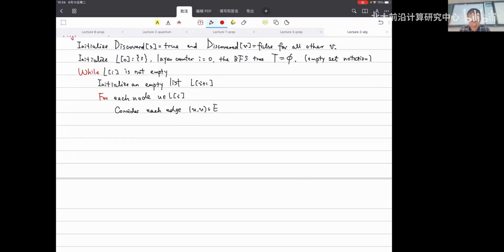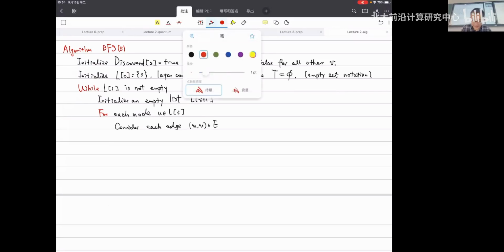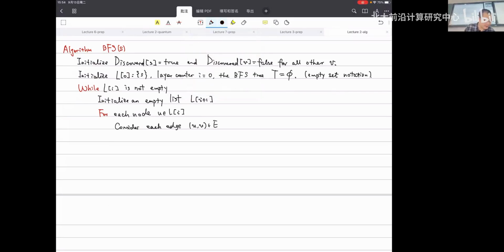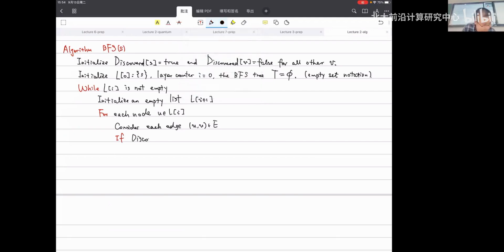So basically we have an array discovered here that is going to make sure everything is under good control. So if we now consider each newly added edge UV belongs to E, then we consider it like this. If discovered V is false, meaning that it has not been discovered before, then we set it to be true.